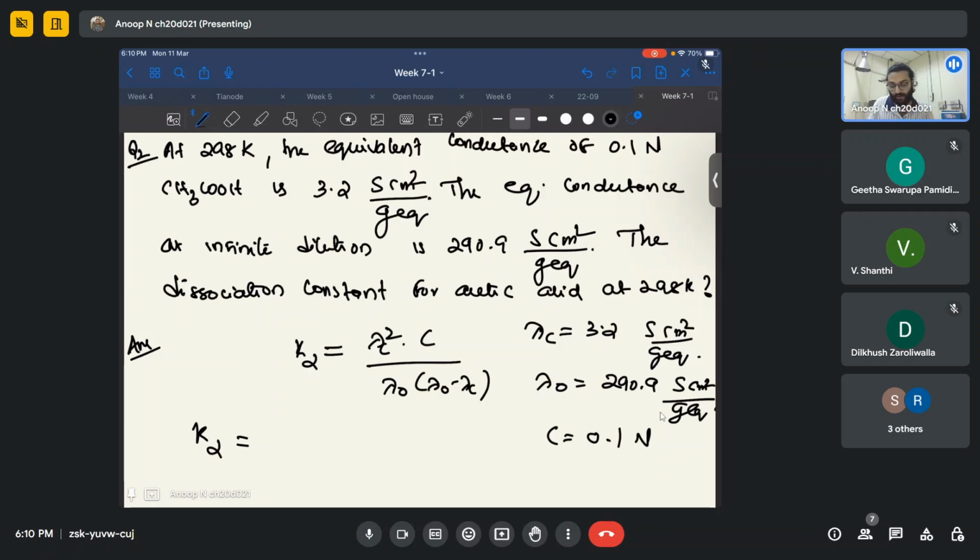I think you all solved it for homework, right? Assignment 6. So what will be the value of K alpha?